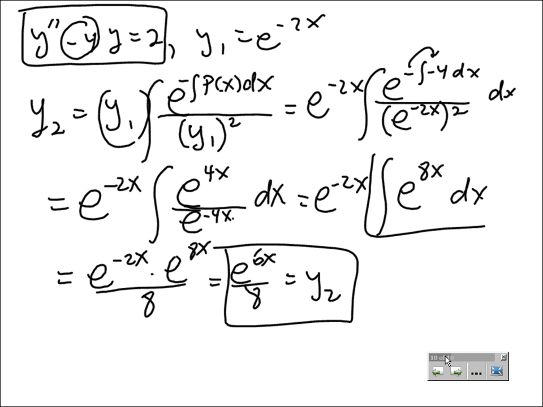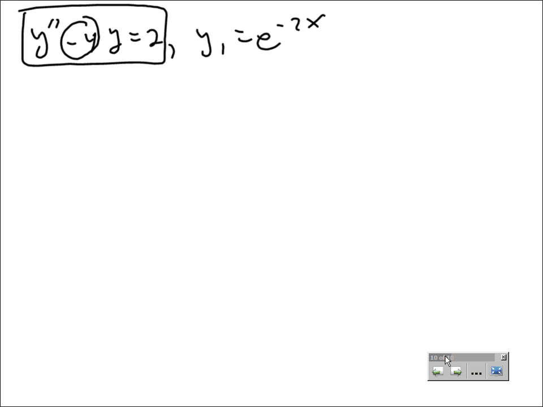Now what if we wanted a particular solution to the given equation? Now you have y double prime minus 4y is just a constant.